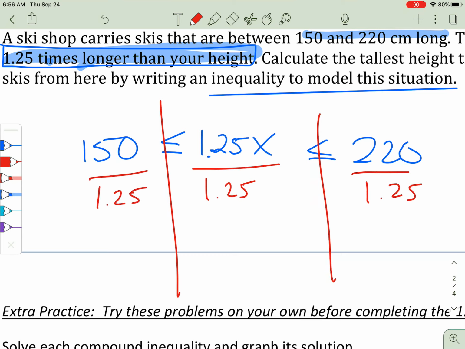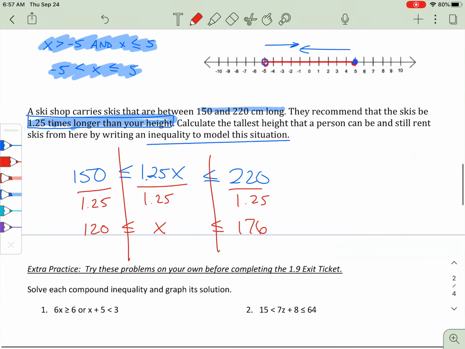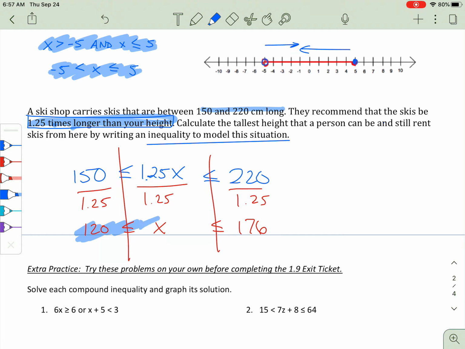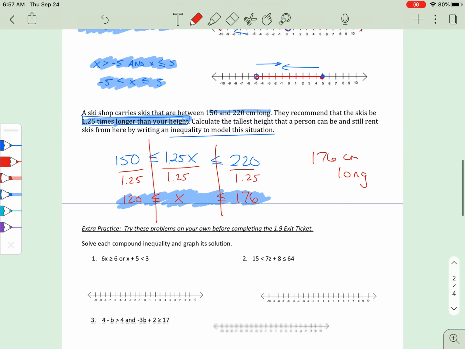Those numbers, let's see, 150 divided by 1.25 is 120, and 220 divided by 1.25 is 176. So there's your answer. The tallest person is 176 centimeters tall. They can rent the skis.